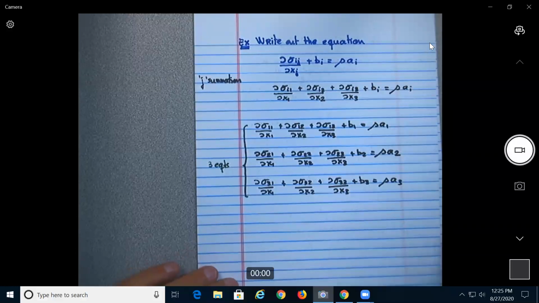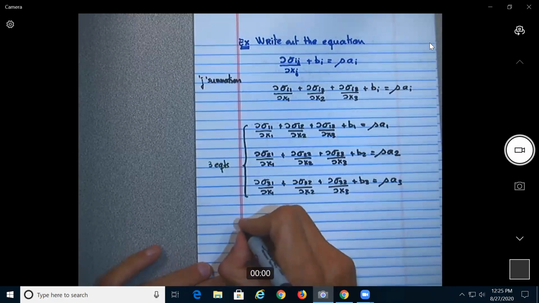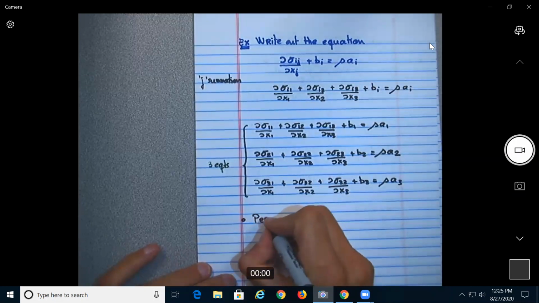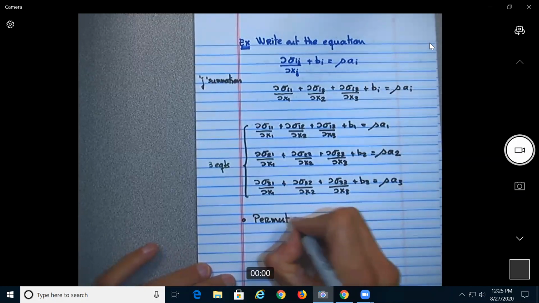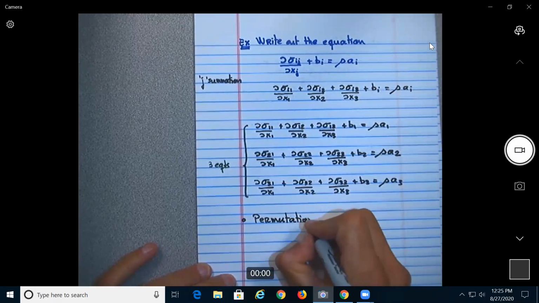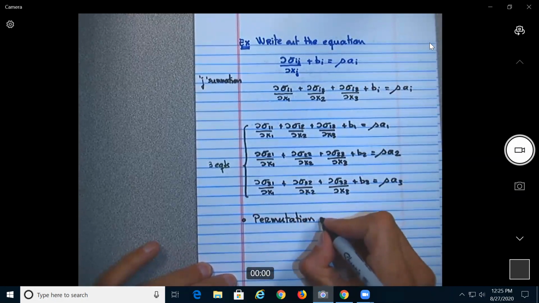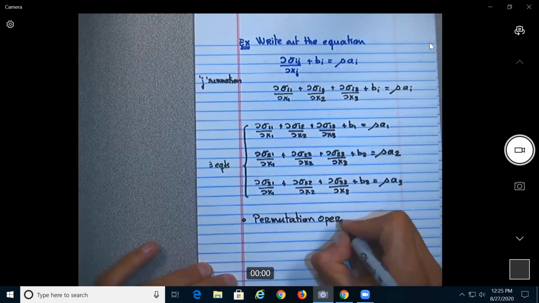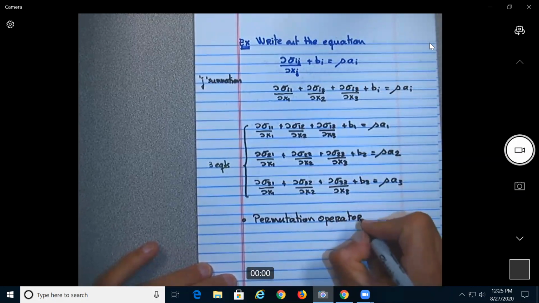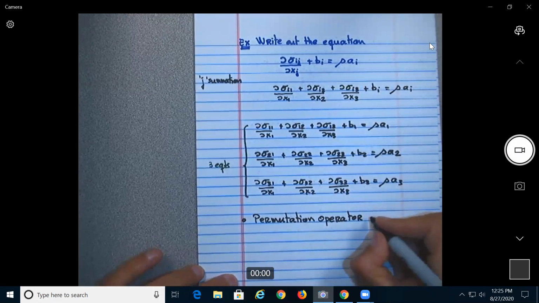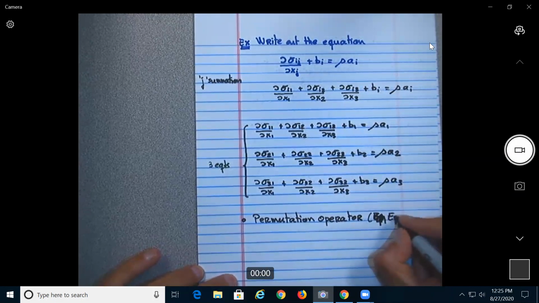All right, so next we're going to look at the permutation operator, which is the epsilon operator.